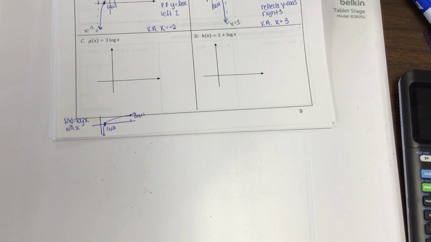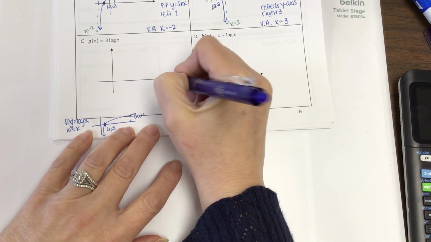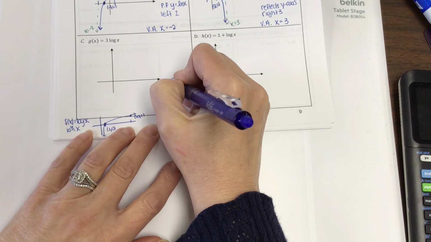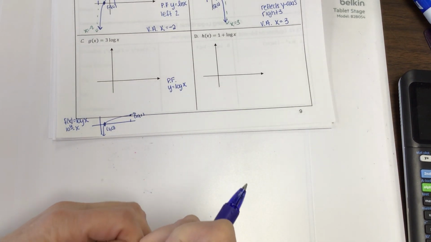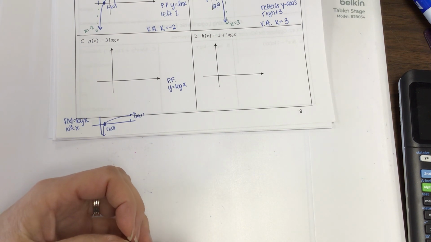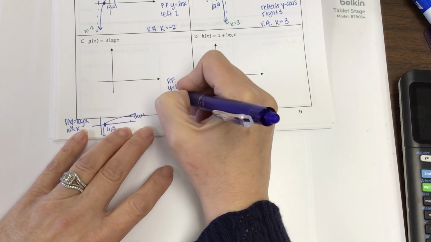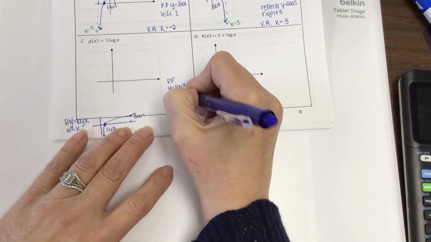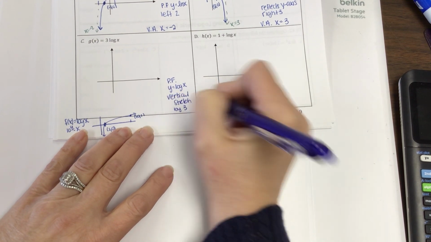So, looking at C, we know our parent function would have to be y equals log of x, yes? What is the 3 doing? Somebody's saying it under their breath, I heard. Vertical stretch by 3.